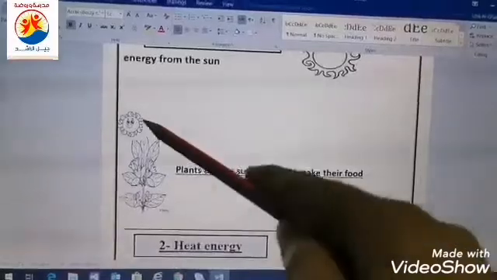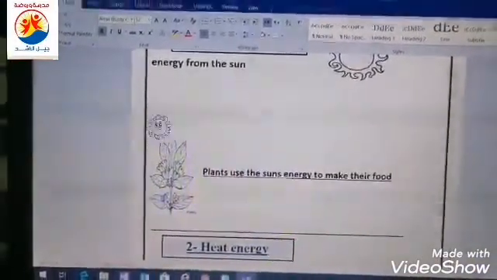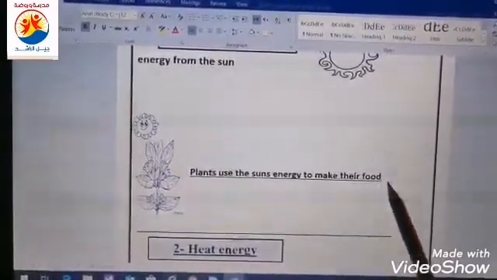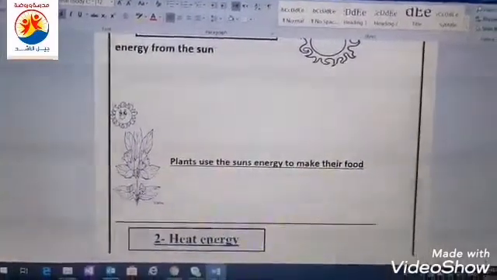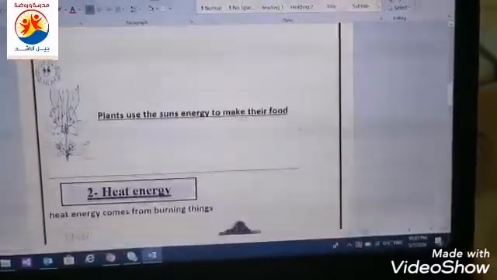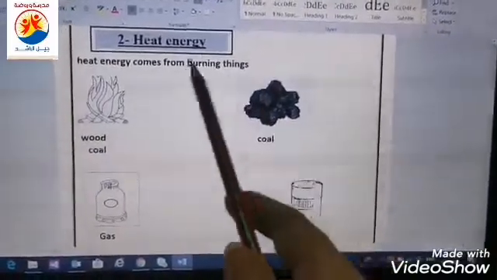Let's see here the benefits of the energy from the sun. Plants use the sun's energy to make their food. Heat energy. Heat energy comes from burning things.